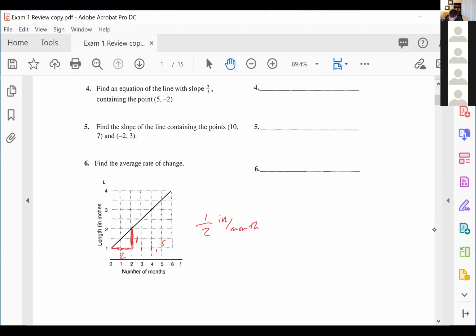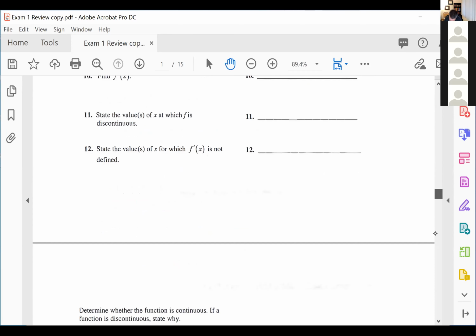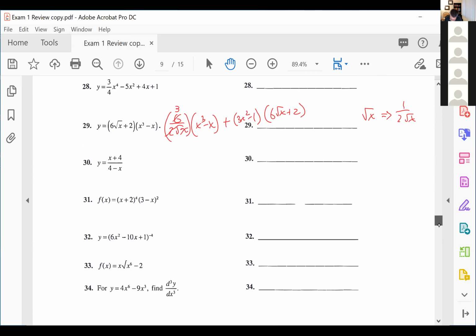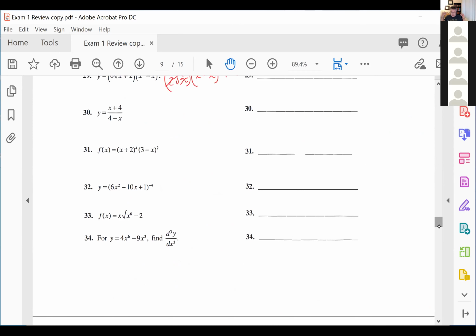Okay, 33. So we have 32 and 33. So 32, again, chain rule. So this guy is just a chain rule. Y prime is equal to -4 times (6x squared minus 10x plus 1) to the -5th power times (12x minus 10).